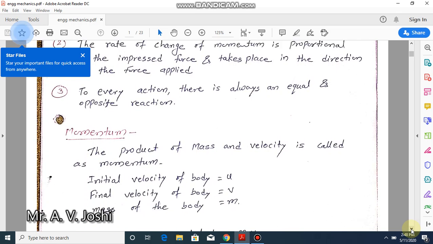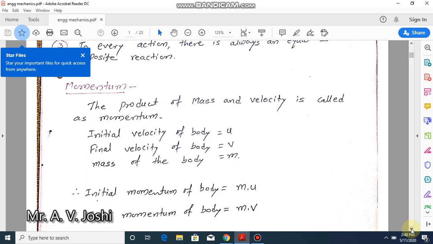These are the 3 Newton's laws of motion, and according to them we have defined momentum. The product of mass and velocity is called momentum.